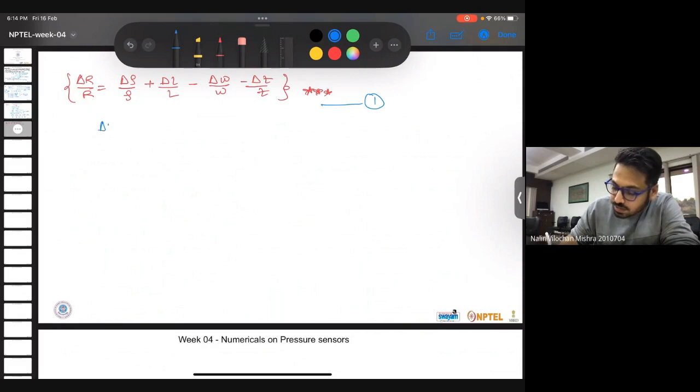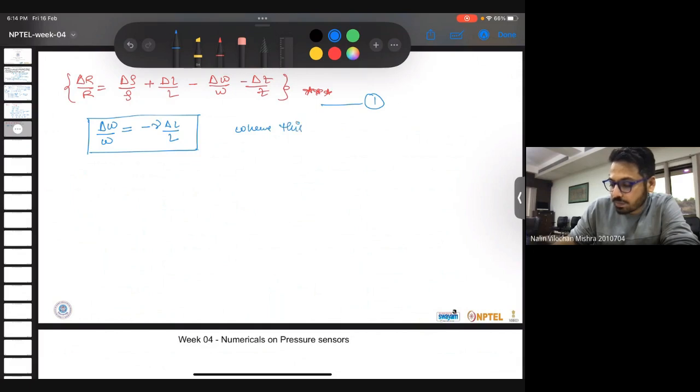Then this change in width by width can be written as this: minus nu times change in L by L, where this nu or mu is basically Poisson's ratio.